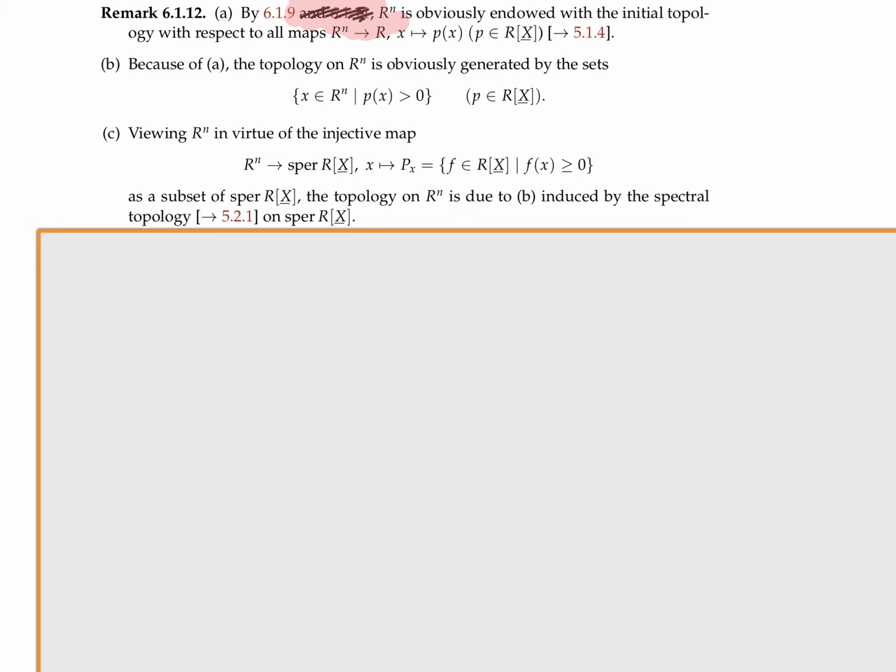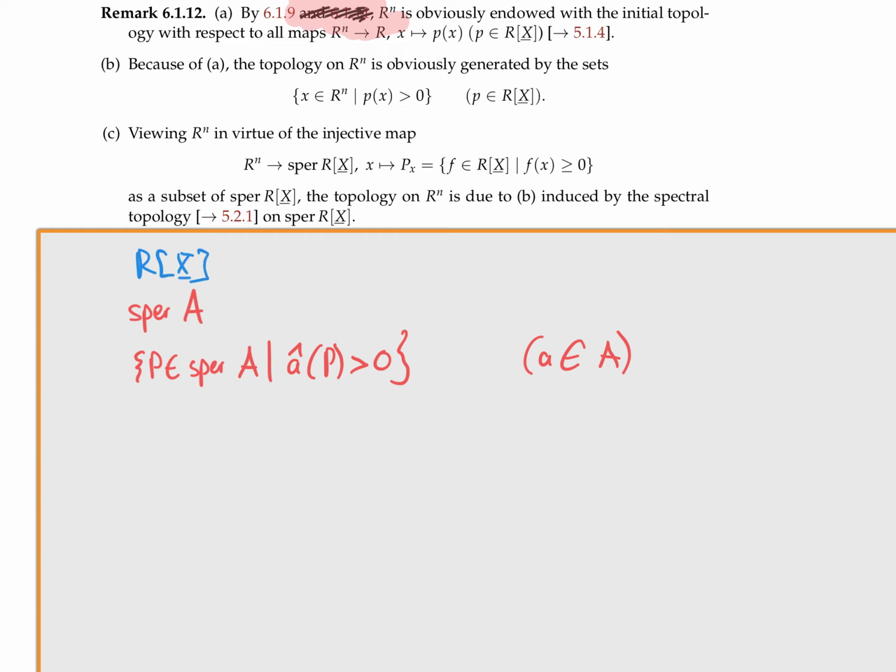Maybe it's time for a reminder on the spectral topology, which is the usual topology on the real spectrum of a commutative ring A. So let A be a commutative ring, and we look at the real spectrum of A. Then the spectral topology is generated by all sets of this form, where the condition is that a hat of p is bigger than 0, and a ranges over all elements of A. Now here I have the more special case of a polynomial ring, and I look at the real spectrum of a polynomial ring.